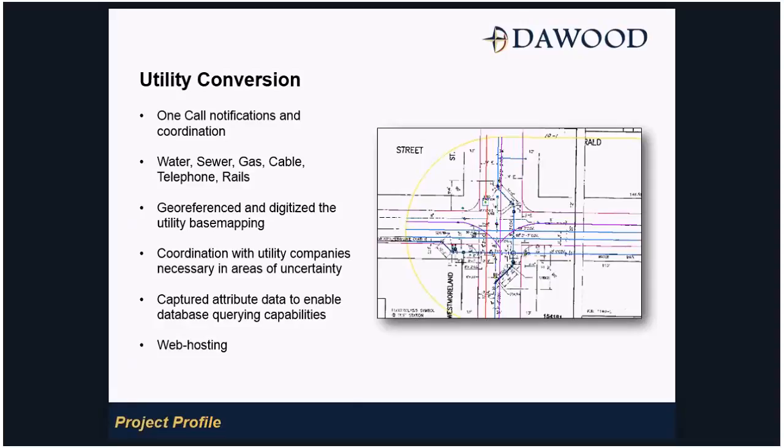And we took those plans, we georeferenced and digitized them, and created the base mapping for it. And in addition to just creating the line work, we're making it smart by capturing attribute data, which allows us to then query it and be more efficient in AutoCAD. This information can also be hosted and shared with other entities.